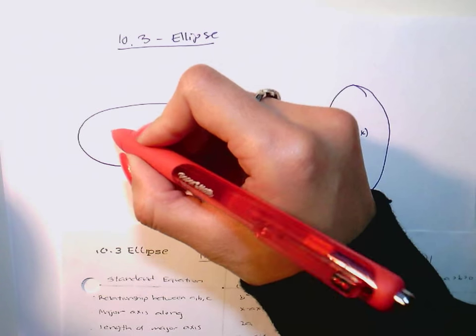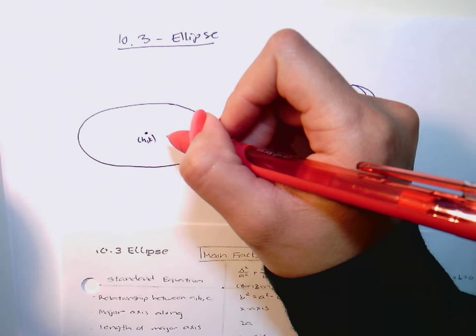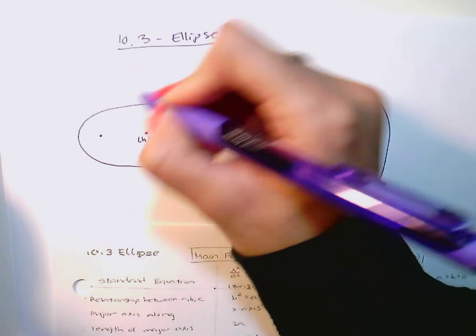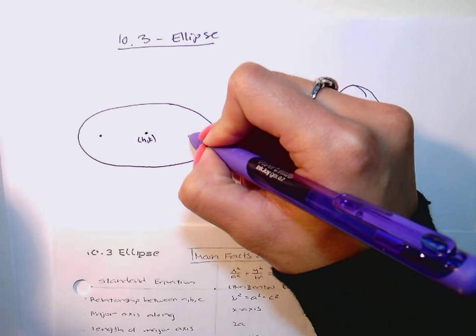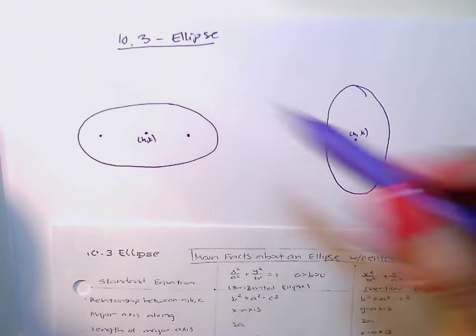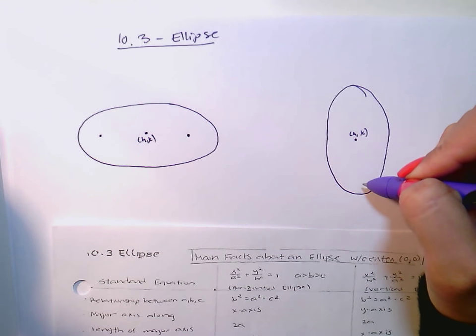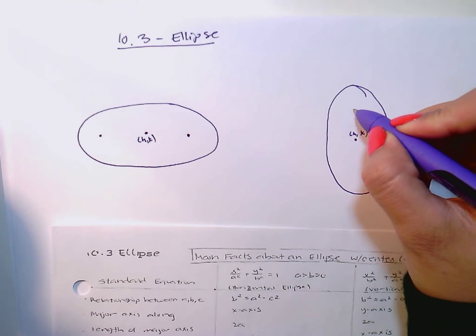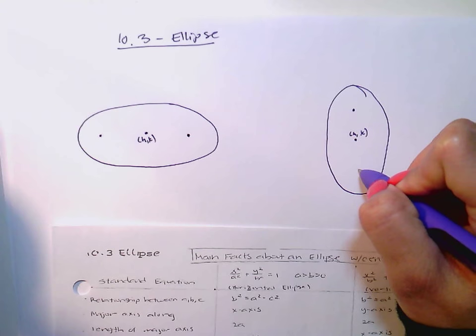So the foci are going to be aligned with that center. If the longer side is horizontal, the foci are going to be aligned horizontally. If the ellipse is longer vertically, then the foci are going to be aligned vertically.